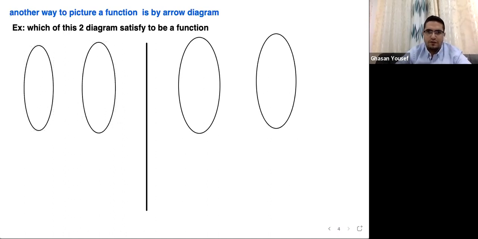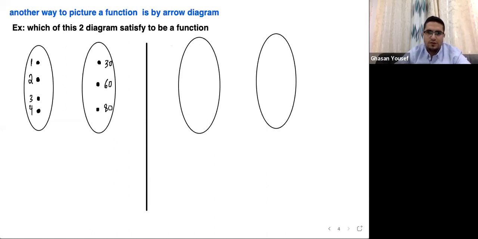Okay, so in the first set, this is my set A. It has 1, 2, 3, 4. And in set B, we have 3 elements: 30, 60, and 80.